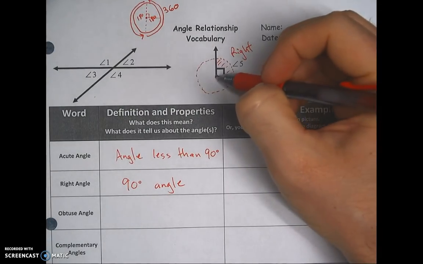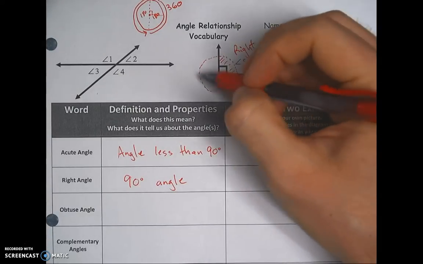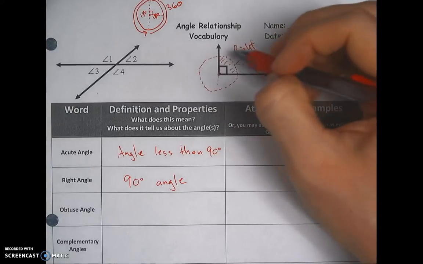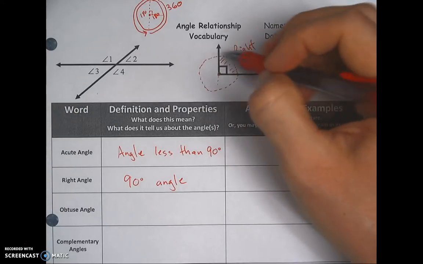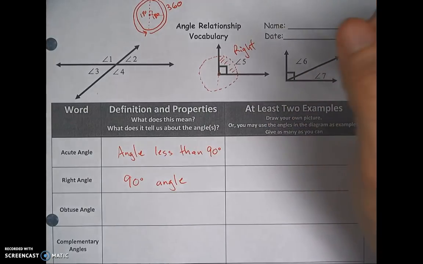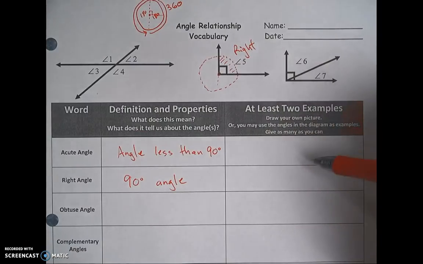If I had two of them, it would take up half of it, and that'd be 180. And all the way around is 360. So this piece right here is 90 degrees. An angle is something we talk about in degrees, and it's how much of a circle it is actually taking up. So an acute angle is even less than this. We think of them as really small.